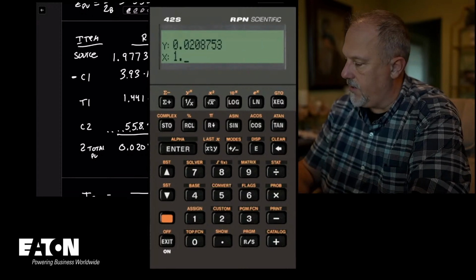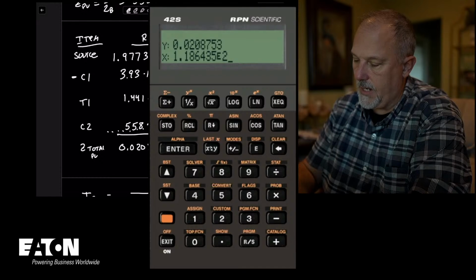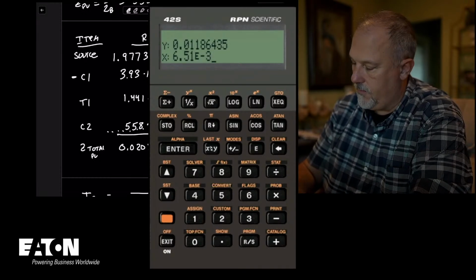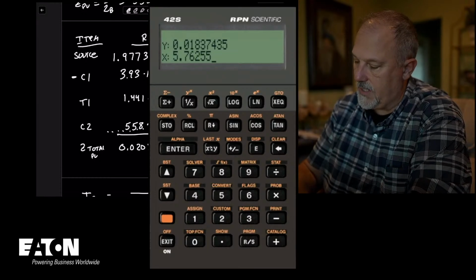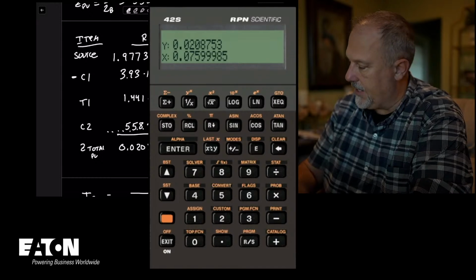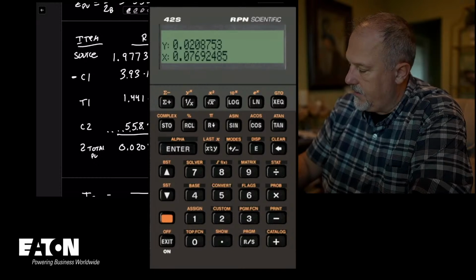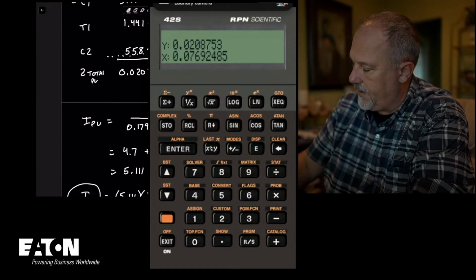I'm going to add up the other ones. 1.186435 times 10 to the negative 2. Enter. 6.51 times 10 to the negative 3 plus 5.76255 times 10 to the negative 2 plus 925 times 10 to the negative 6 plus, that is 0.076922485.